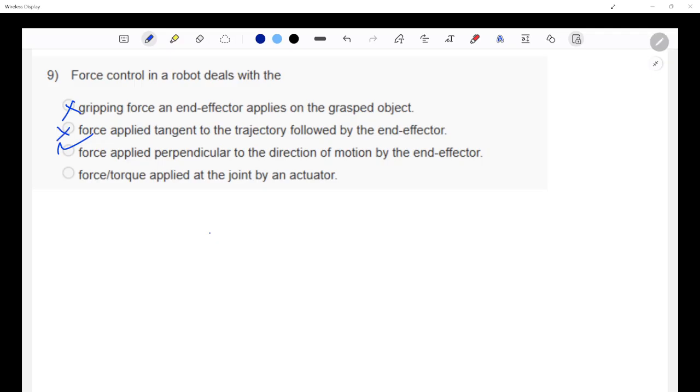So it is wrong. The fourth option is force or torque applied at the joint by an actuator. This is actuator level control. Force control is defined at the end effector level. Okay, so this is also incorrect. So force control deals with controlling interaction forces, typically in the direction perpendicular to the motion, which is normal to the surface. Alright.